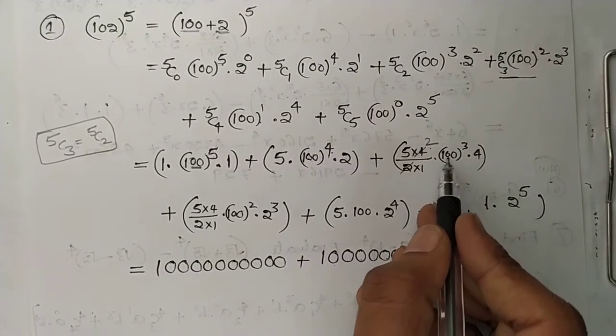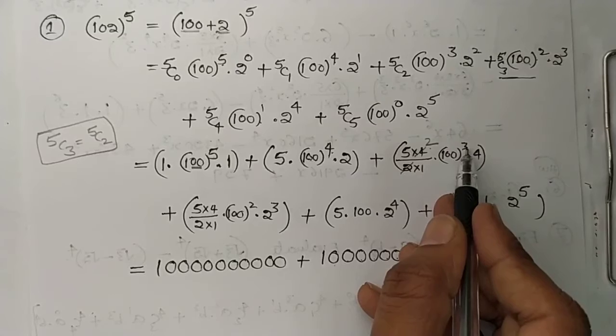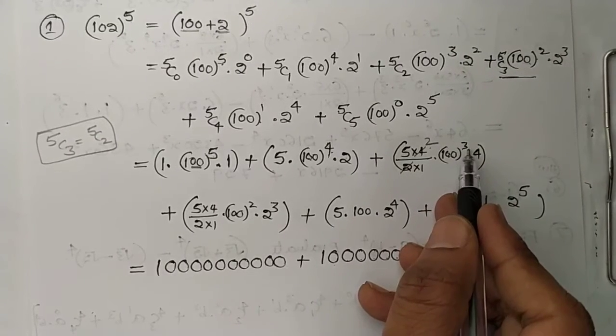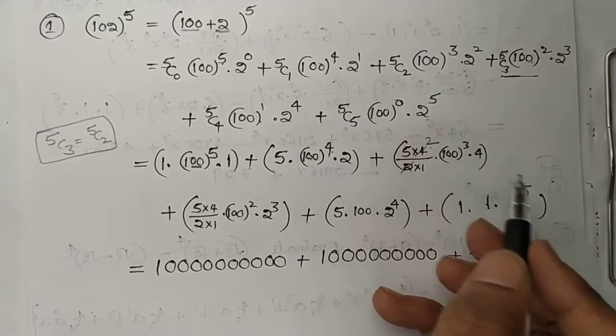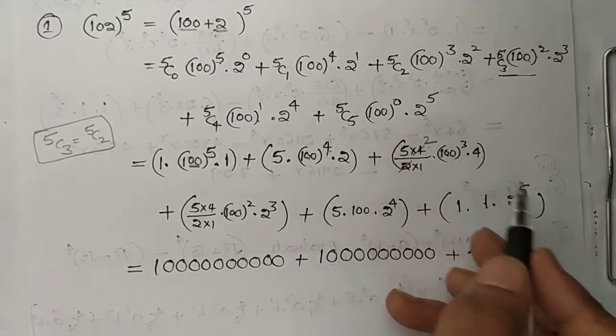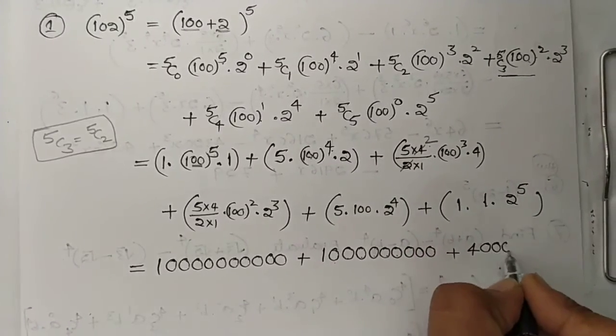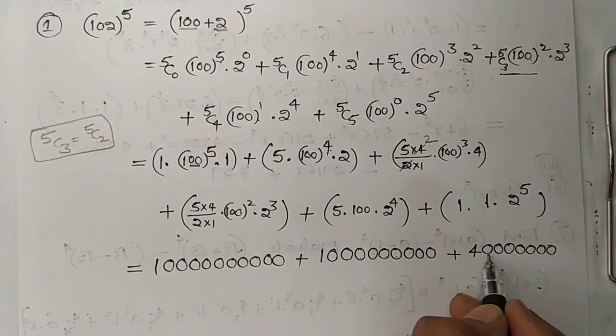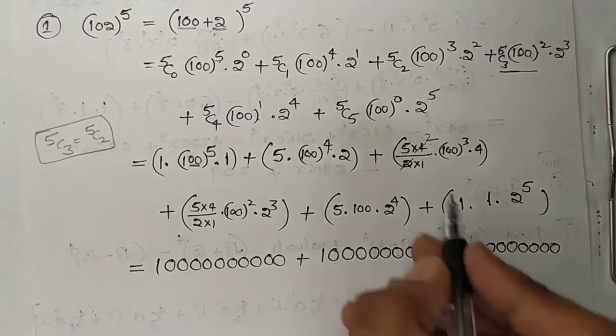100 whole cube. Write 2 zeros 3 times. That means write 6 zeros: 1, 2, 3, 4, 5, 6. Including one more 0, 7 zeros.